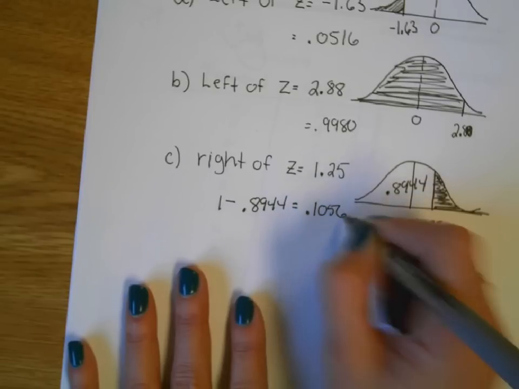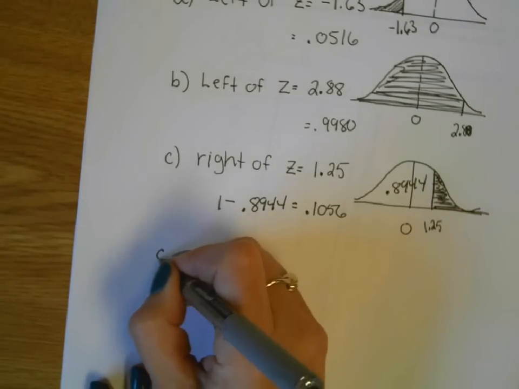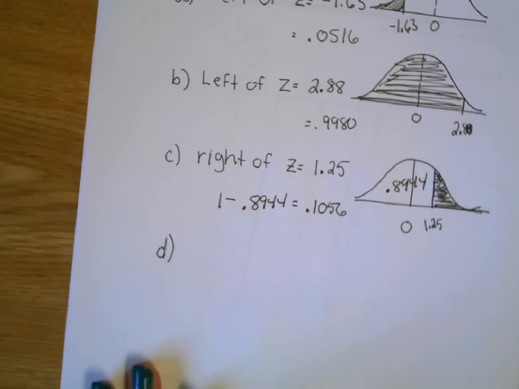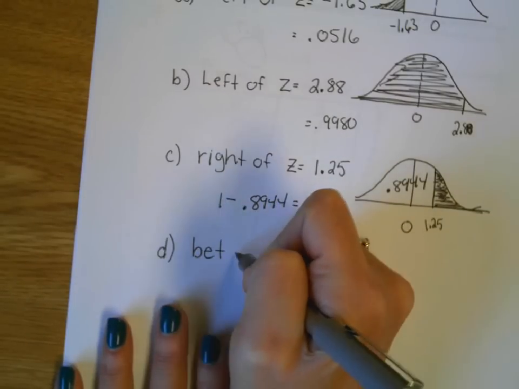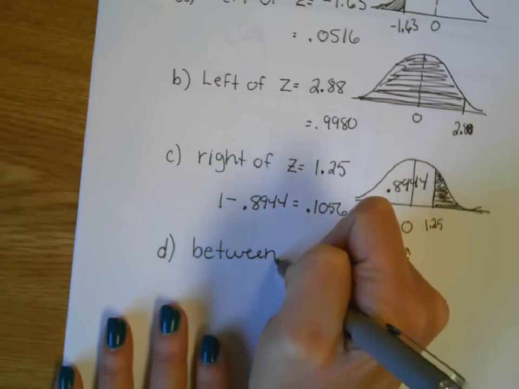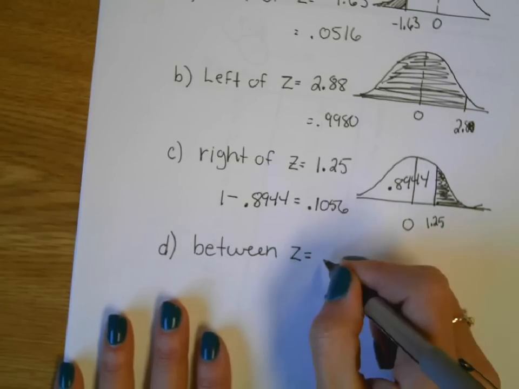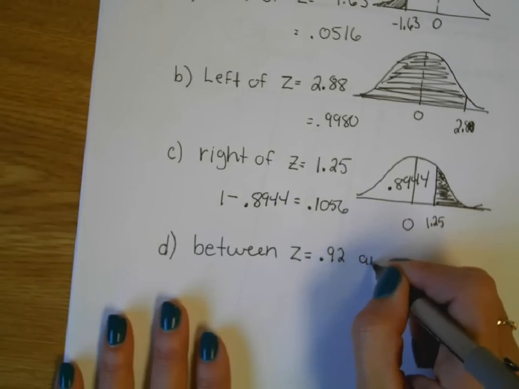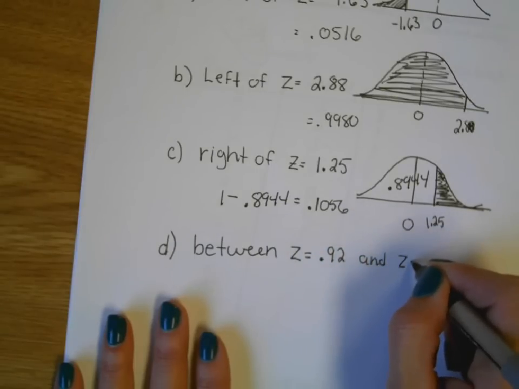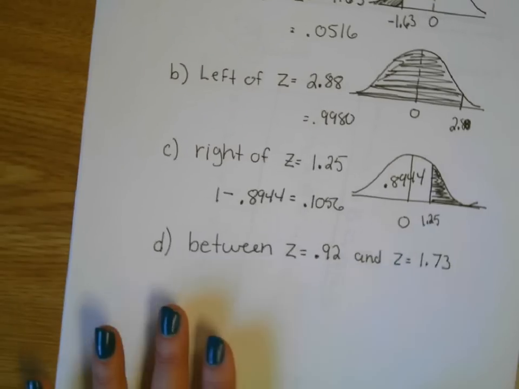0.1056? Okay. We're done. No, I got one more thing I can ask you. We can go left, we can go right, we can go in between. Let's go z-score of 0.92 and a z-score of 1.73.